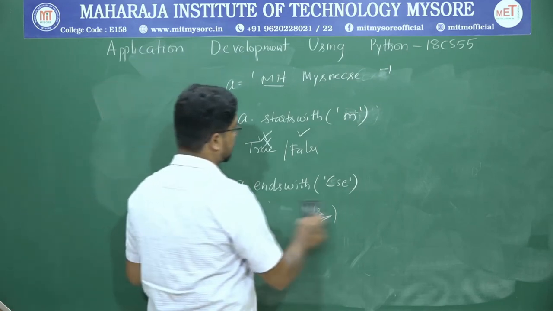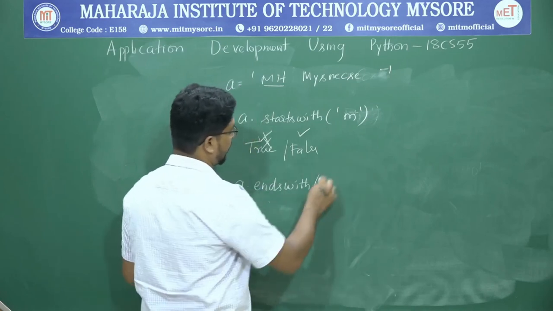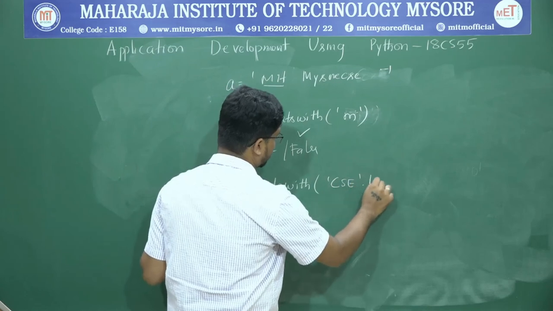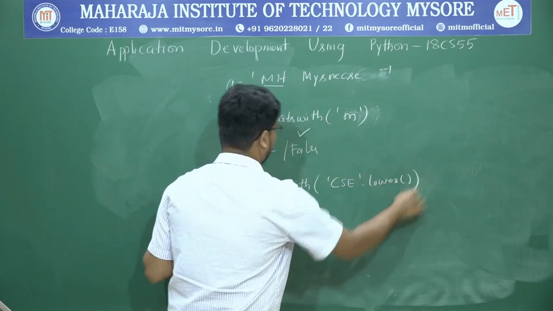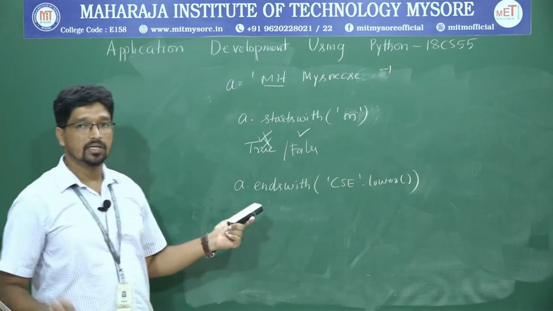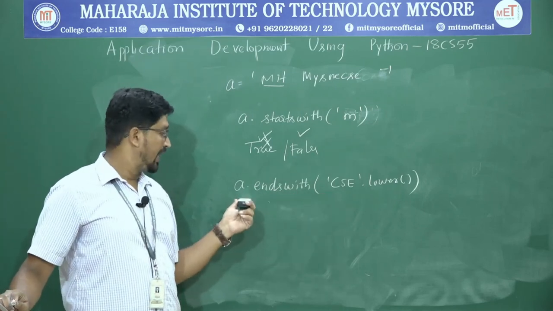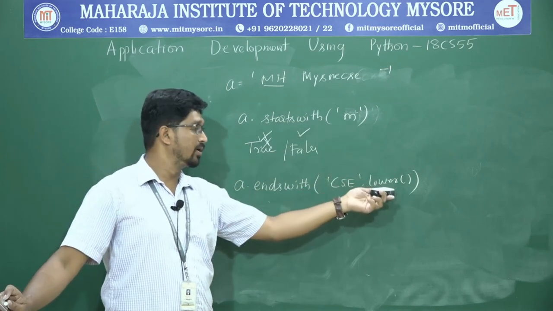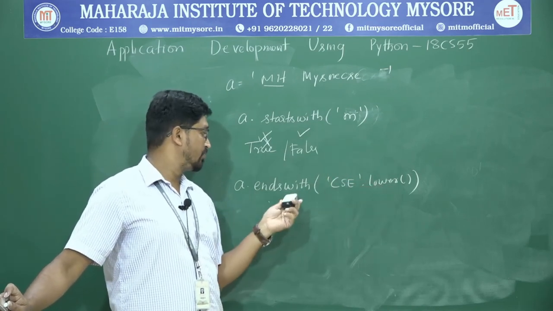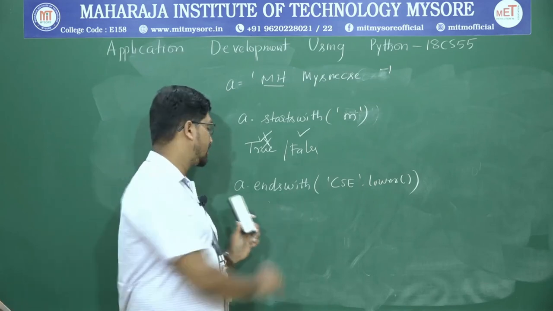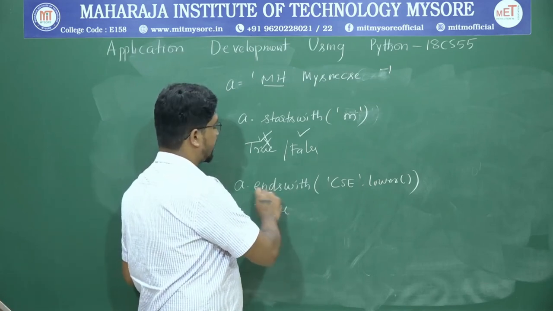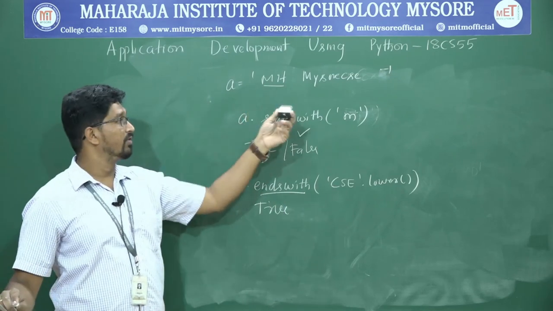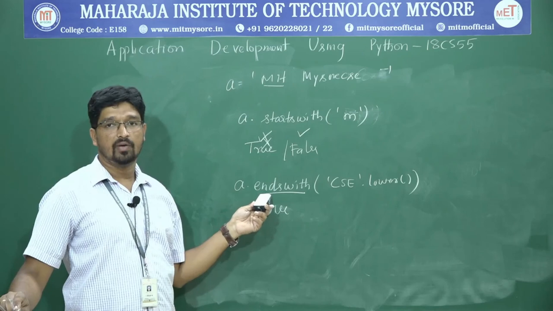Still, if you want to write it, you can make use of lower. Let us say CSE uppercase dot lower. You can call one function inside another function. A dot ends with CSE, where CSE is uppercase, but we convert it to lowercase, and then it is given as input to the ends with function. Then you will get true as a result, because the string ends with lowercase CSE. So this is how we write starts with and ends with.